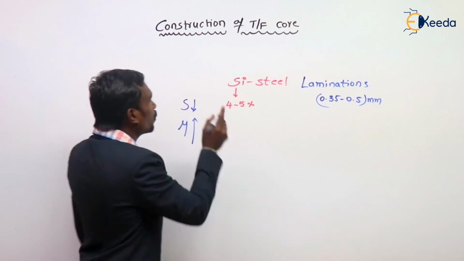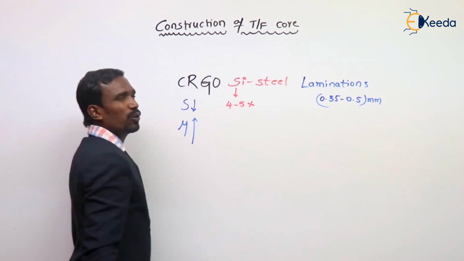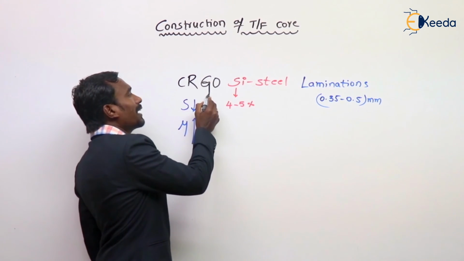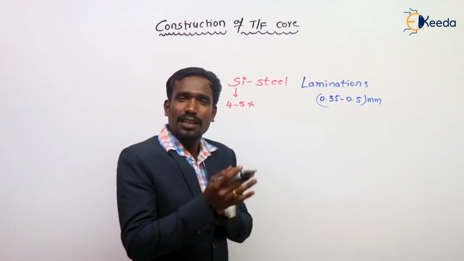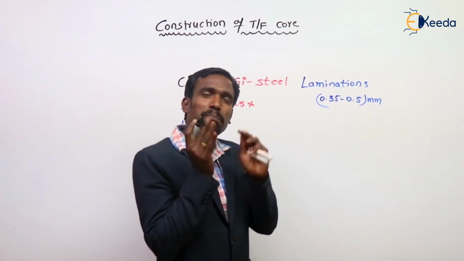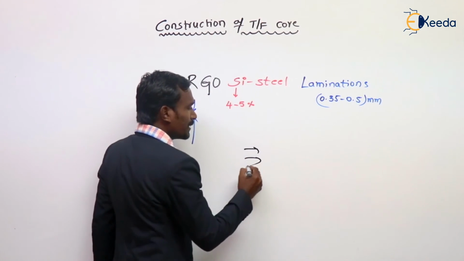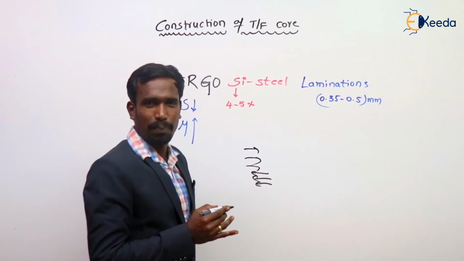I have to do CRGO, cold rolled grain orientation. Grains should be oriented in a particular manner. For example, if the grains are like this, there is no perfect magnetic path.